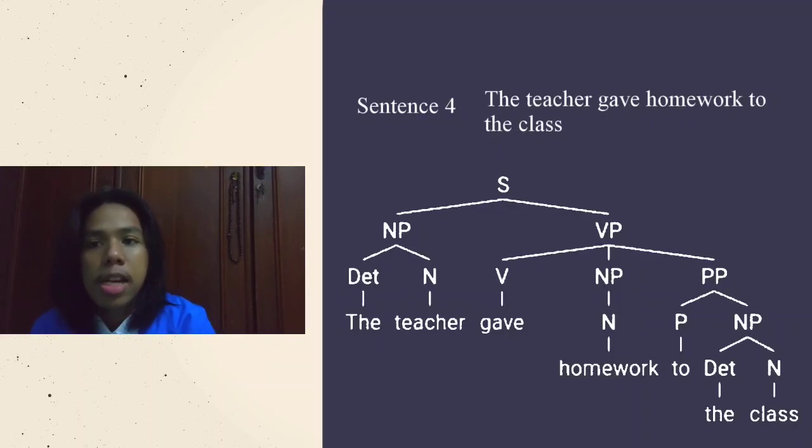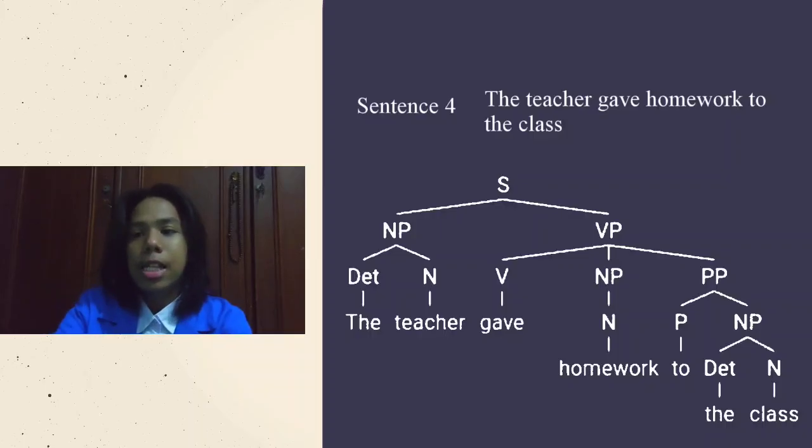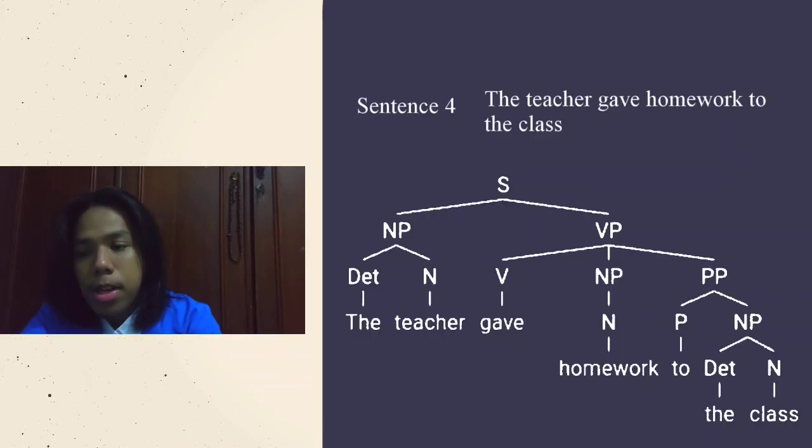Next we have "the teacher gave homework to the class." As usual, we have to identify the noun phrase and verb phrase. In this case, the noun phrase is "the teacher," because it consists of determiner "the" and noun "teacher."